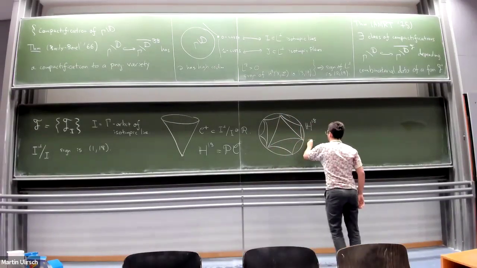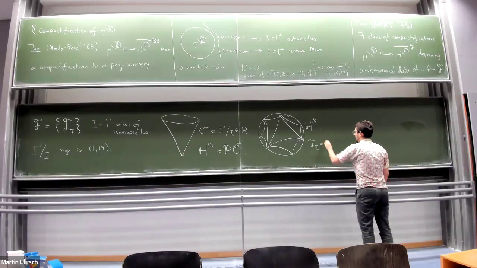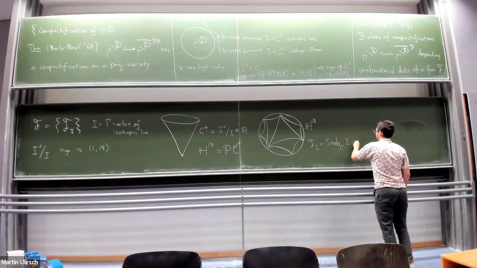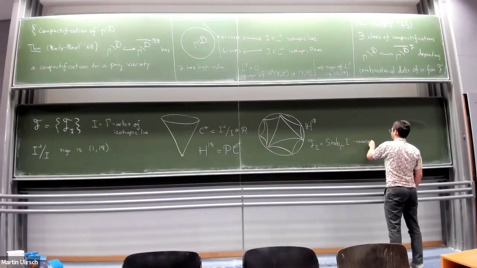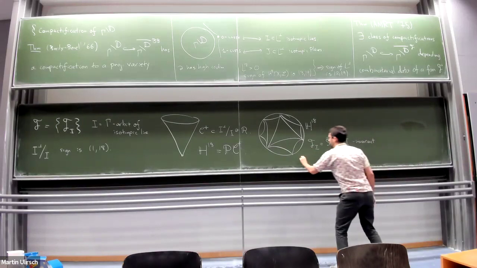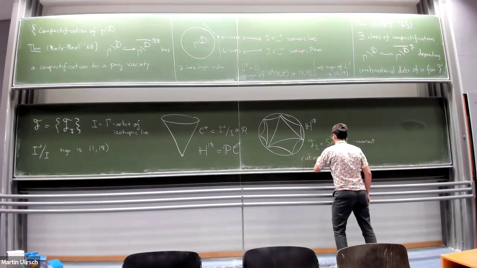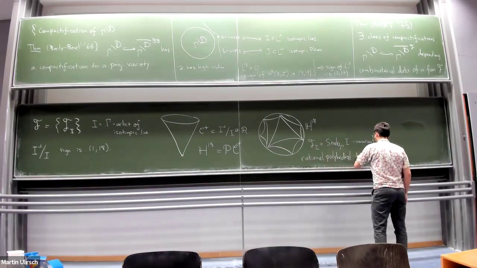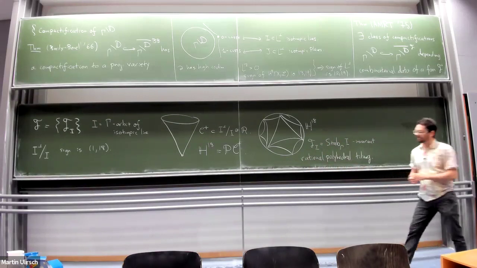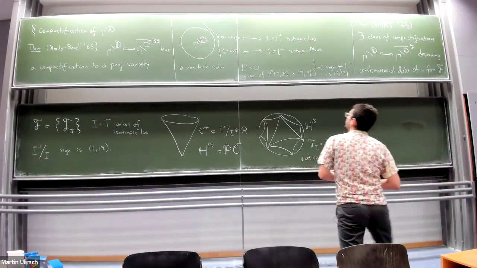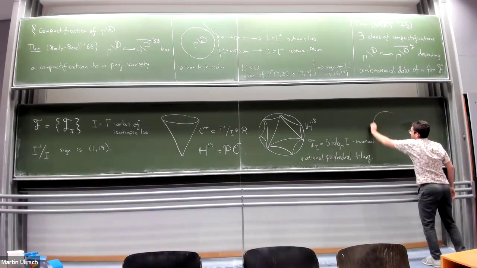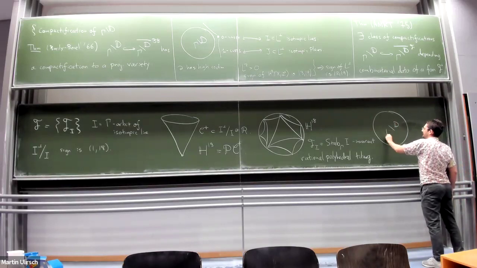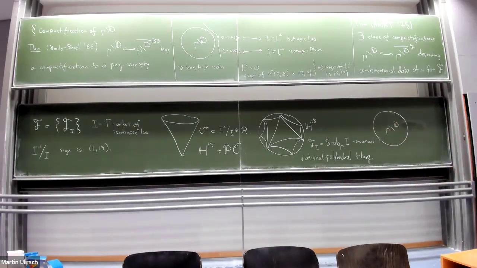The data of this F sub I is a stabilizer-in-gamma-of-I invariant, periodic, rational polyhedral tiling. The advantage of these toroidal compactifications is that now this blob is not hyperbolic space, but D mod gamma again.